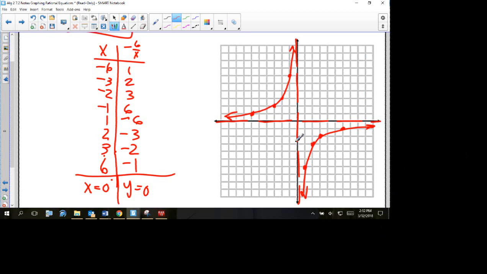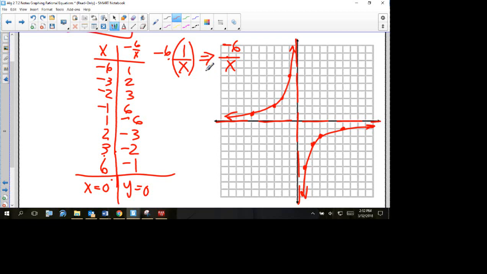And then you were supposed to describe how that compares to 1 over x. So you have to look at the equation. How did 1 over x become negative 6 over x? You multiply by negative 6. So we're taking a function and multiplying by negative 6. That means we have what kind of transformation?